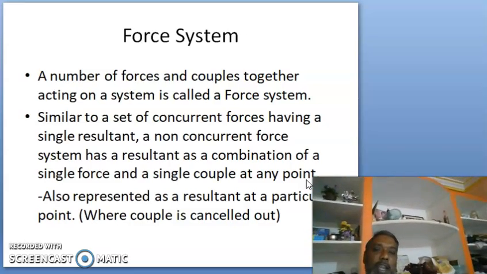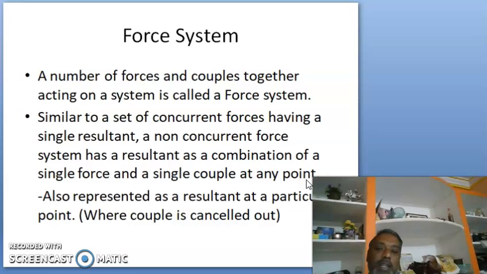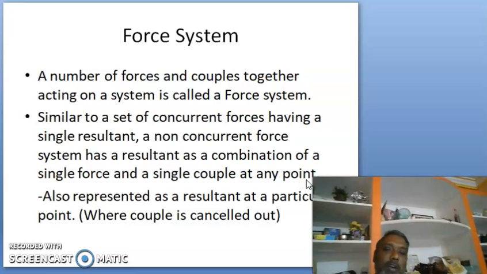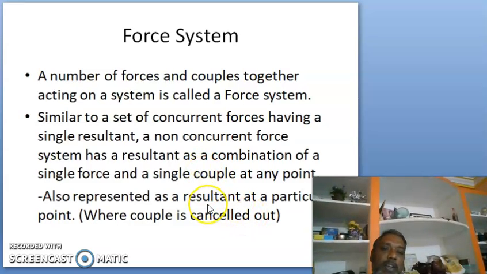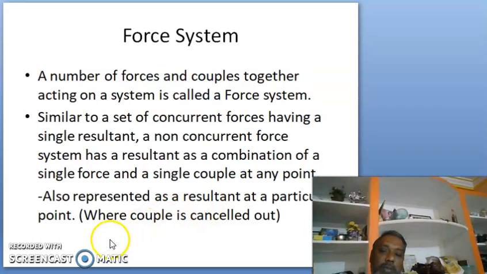So it can be a resultant force at a particular point or a force and a couple at any point. So this is the force system. We study statics with force systems acting on rigid bodies. Thank you.